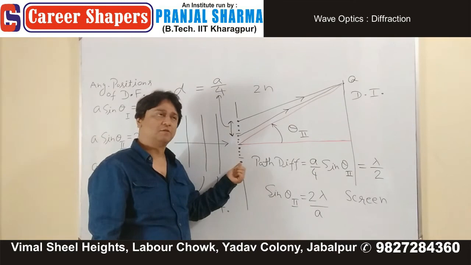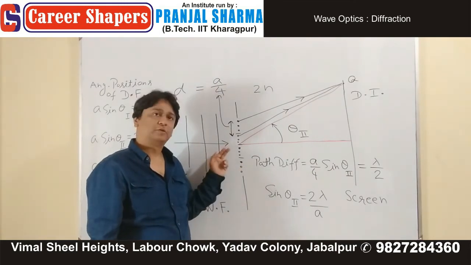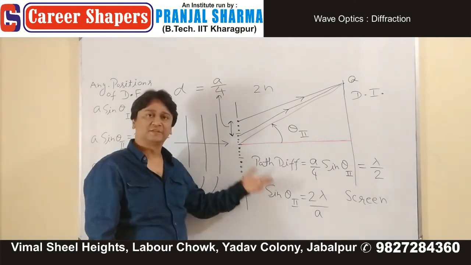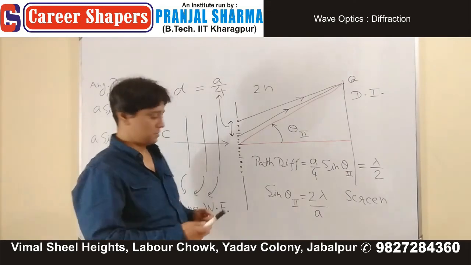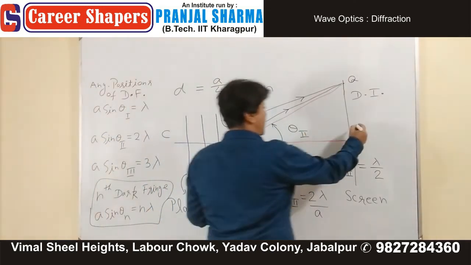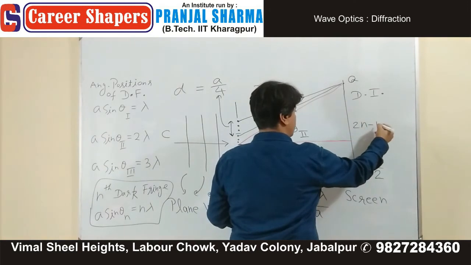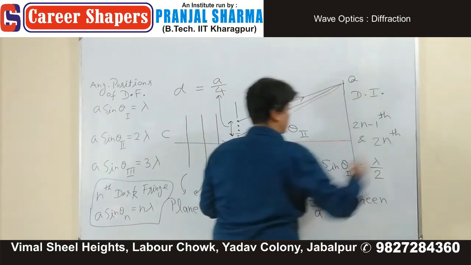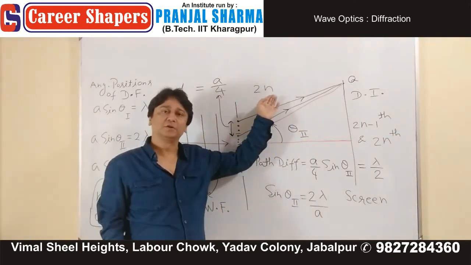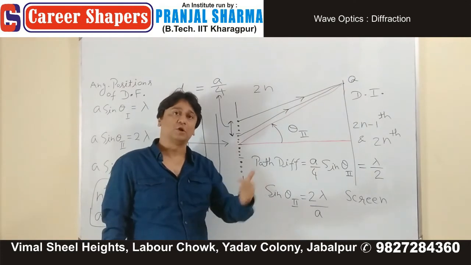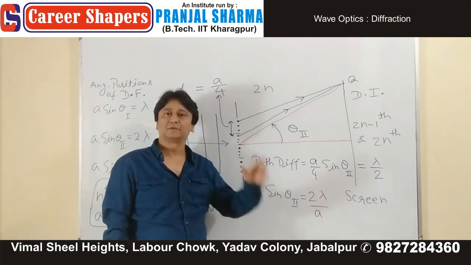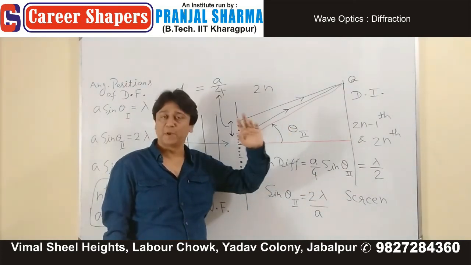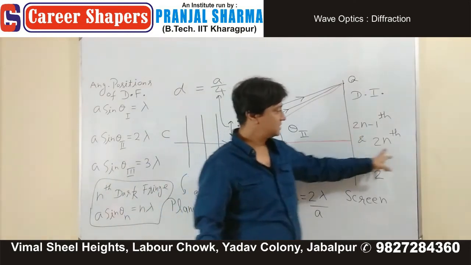And the same is for third and fourth, fifth and sixth, and finally between the 2n minus 1th and the 2nth. If there are 2n partitions, just before 2n is 2n minus 1. So if you make 16 partitions, then the 15th and 16th.